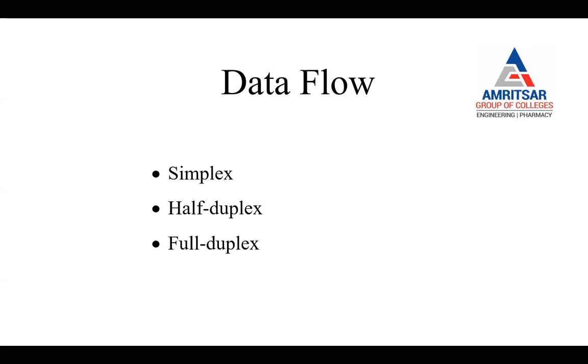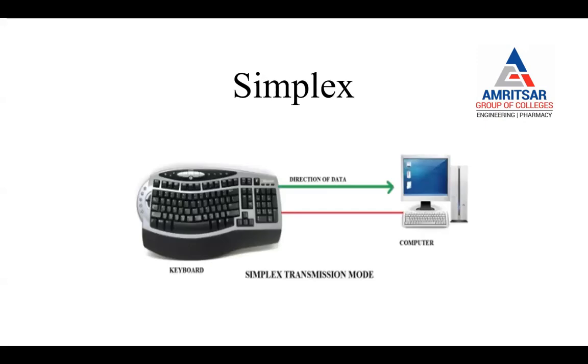We have three forms: simplex, half duplex, and full duplex. If we are talking about simplex, this is a basic diagram for simplex. In simplex, the communication is unidirectional, as on a one-way street.